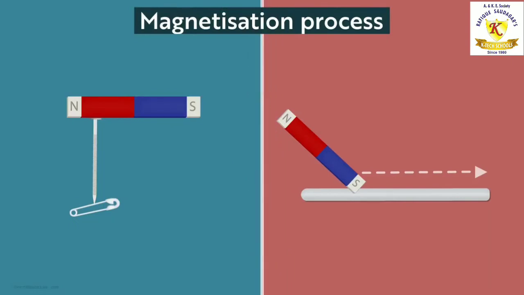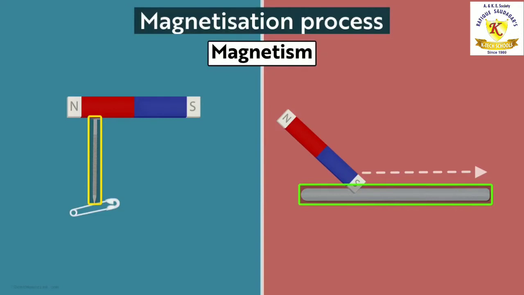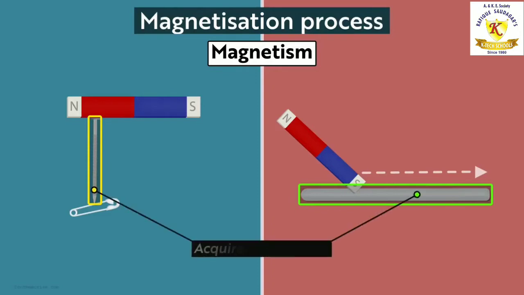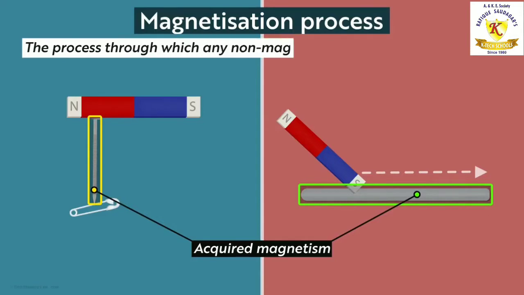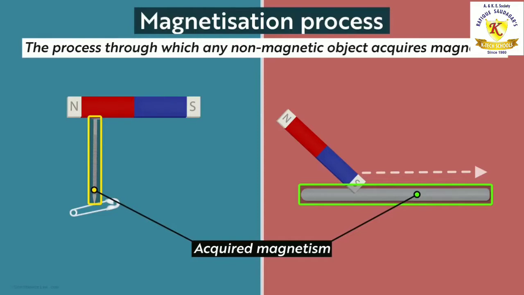Look at these examples we saw. What is happening here is that the two objects are acquiring magnetism through these processes. So, these objects weren't magnets. They acquired magnetism. The process through which any non-magnetic object acquires the property of magnetism is called magnetization.